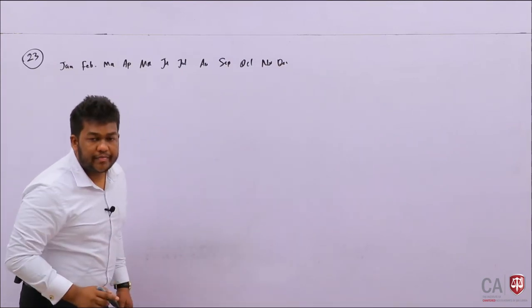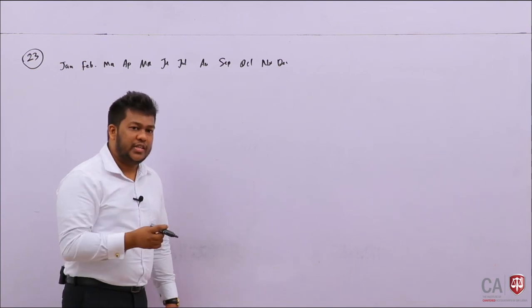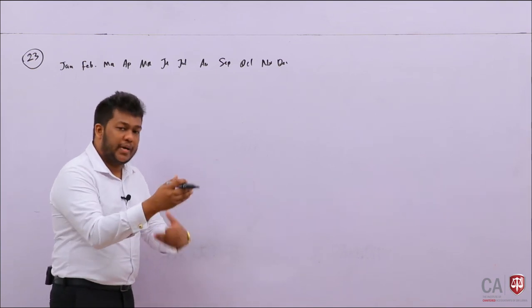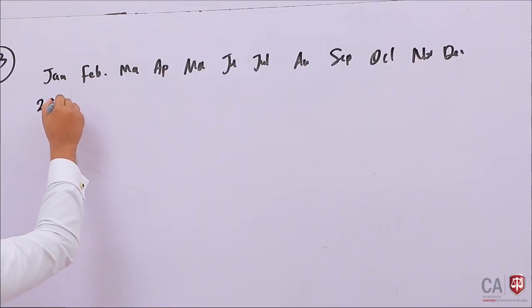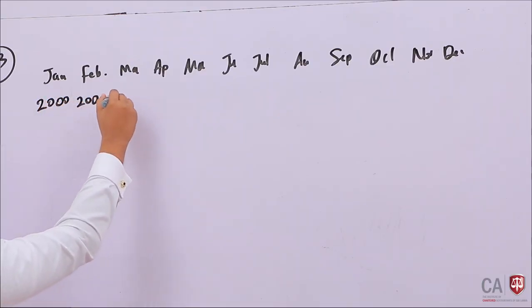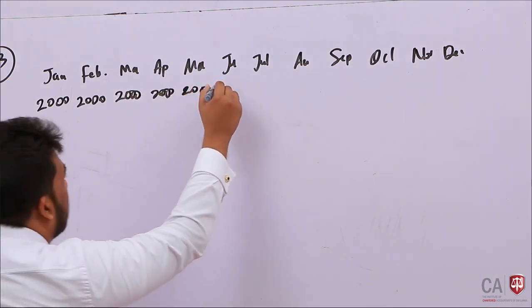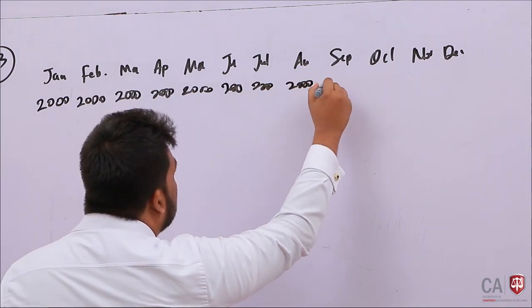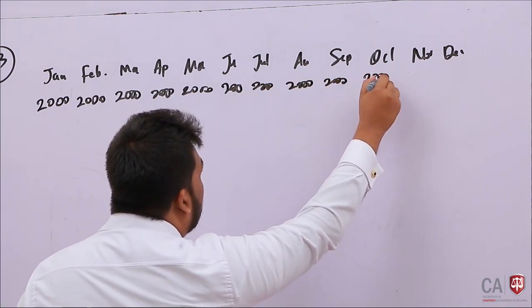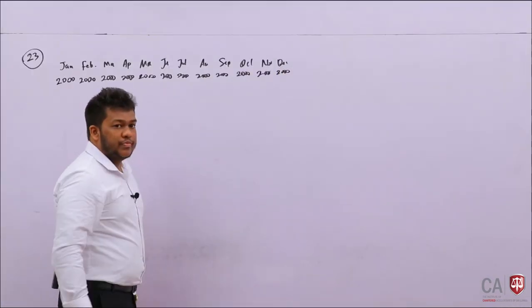Now let's say your EOQ will be 2000 and per each month you are purchasing some EOQ. So for January that is 2000, February 2000, March 2000, April 2000, May 2000, June 2000, July 2000, August 2000, September 2000, October 2000 and November 2000, December 2000.